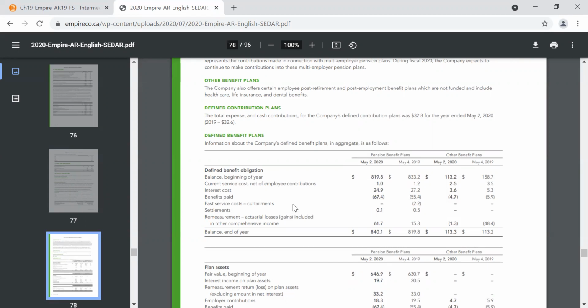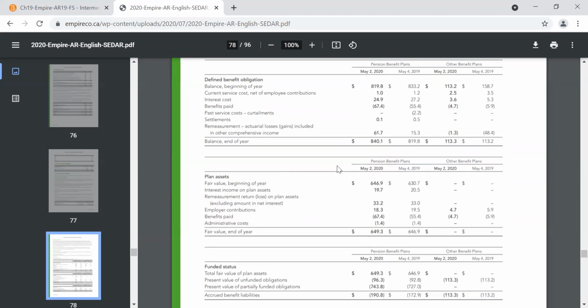And there are curtailment and settlement, which has to do with changes in plans. Curtailment means some people just wind their plan up. And then they have remeasurement, which is actuarial loss for both years. So these are all the changes to the defined benefit obligation. So that's the continuity table we need to do. The continuity table for other benefit plans is similar.